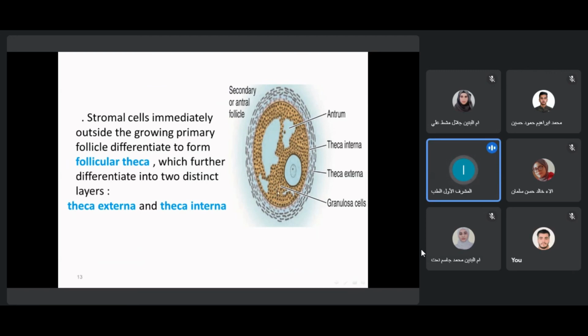Within the granulosa cells, by secreting the aromatase enzyme, it will change into estradiol, which is the active form of estrogen, and then the estrogen will be released into the circulation to exert its effect on the reproductive organs. The theca externa is mainly stromal cells, which are fibroblasts and smooth muscle cells, and they merge gradually with the surrounding ovarian stroma.